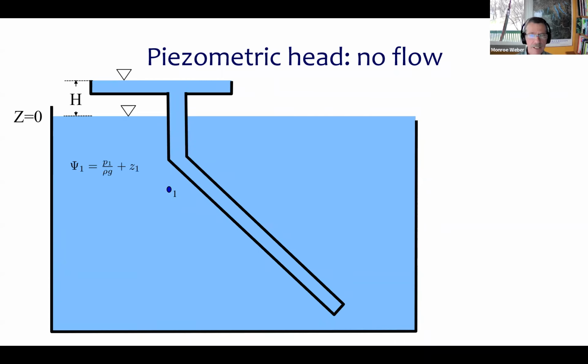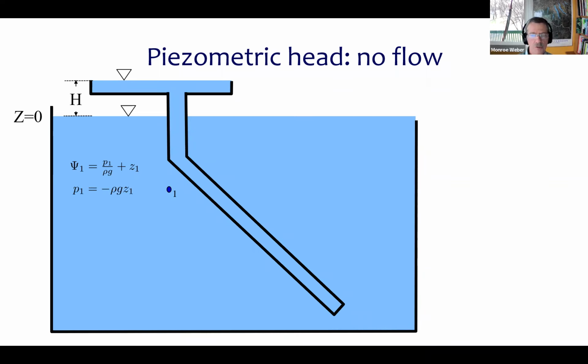So we have piezometric head is pressure divided by rho g plus z. If we define z equals 0 at the water surface of this tank, which is just a really convenient datum, and if we say that atmospheric pressure is also our datum, then we can say that the pressure at the surface of the tank is 0. And now, what happens as we come down?